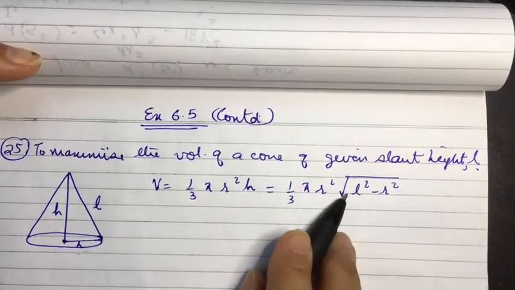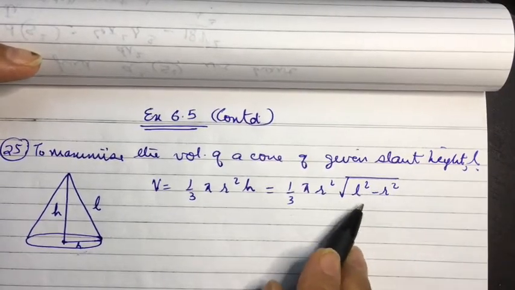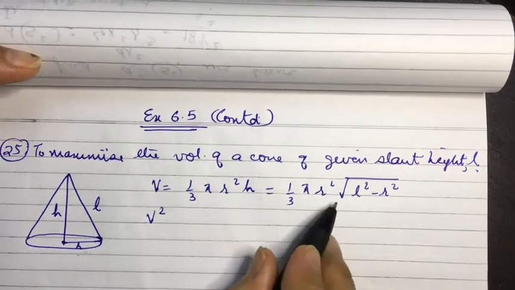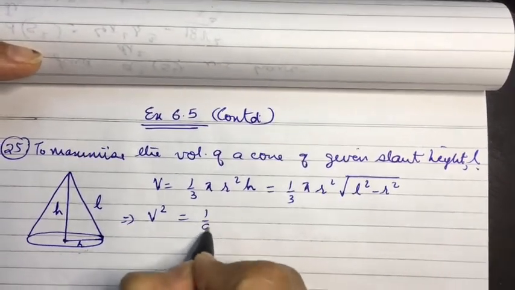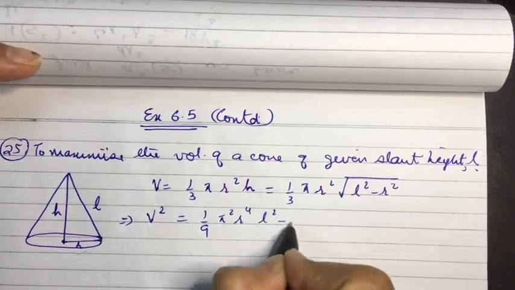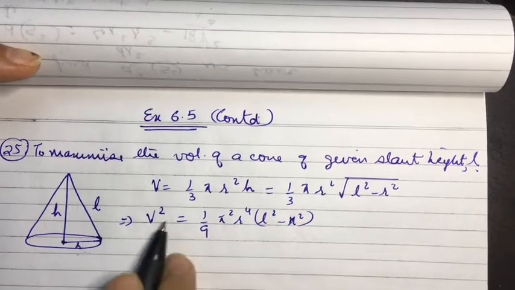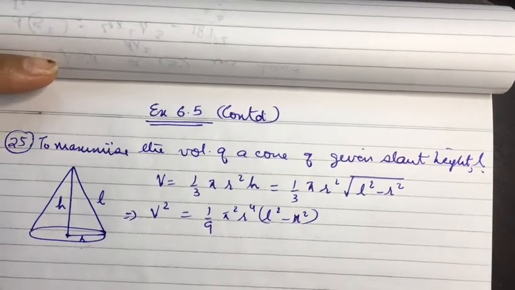Now we have to maximize this, but since it involves a square root term, we would like to work with a function which is free from square root. So squaring it, we get 1 upon 9 pi square r raised to power 4 into L square minus r square. Now instead of maximizing V, we will maximize the function V square.